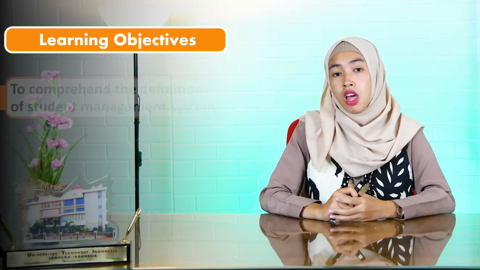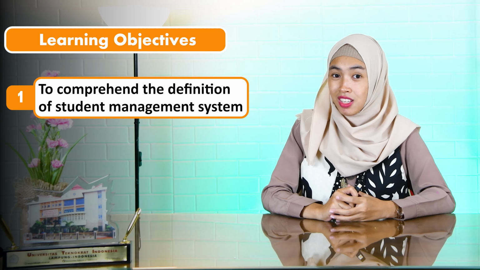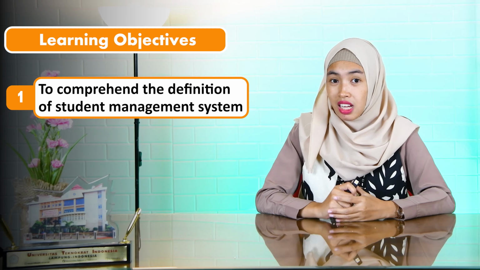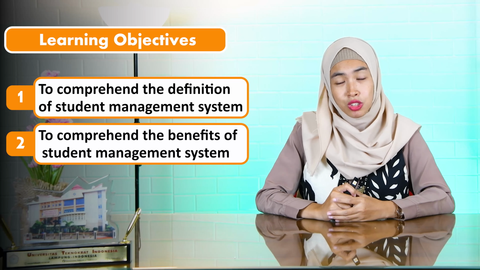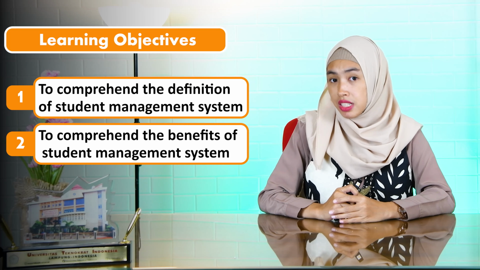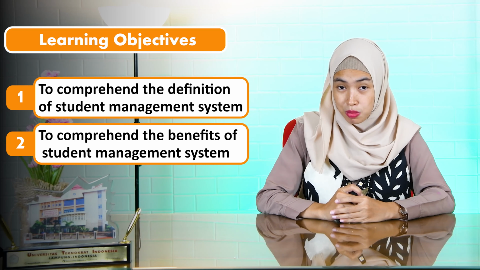We have 3 learning objectives in this meeting. The first one, the students are able to comprehend the definition of student management system, and then you are expected to be able to identify the benefit or the importance of student management system in educational management.